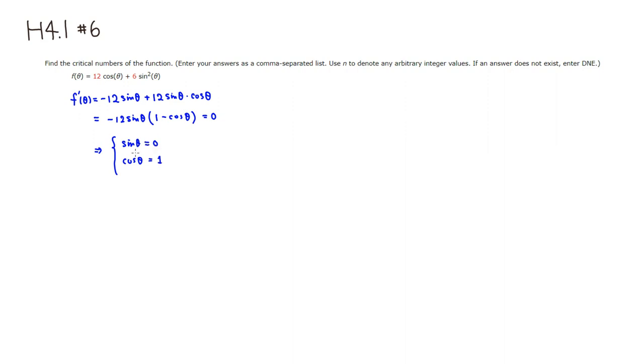So sine of theta becomes 0. If you do a number line, sorry, the unit circle, and here we have a unit circle, maybe like that.